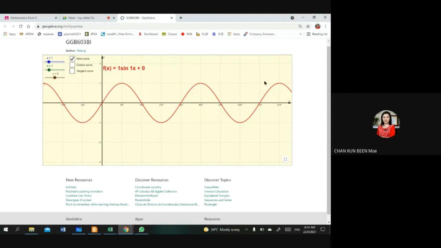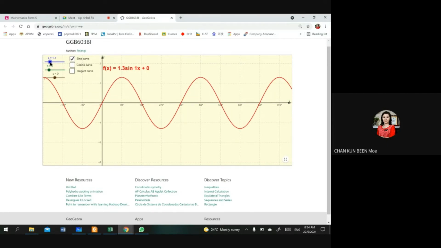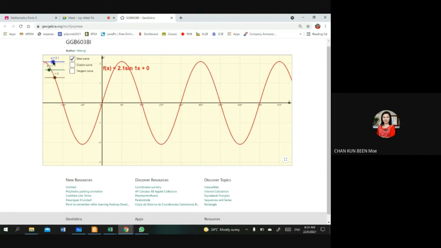Now, if I make changes to the value of A, you see there's the number 1 over here, right? When I change the A to 2, what is happening to the graph? It is still a complete graph. Yes, the amplitude is increasing.